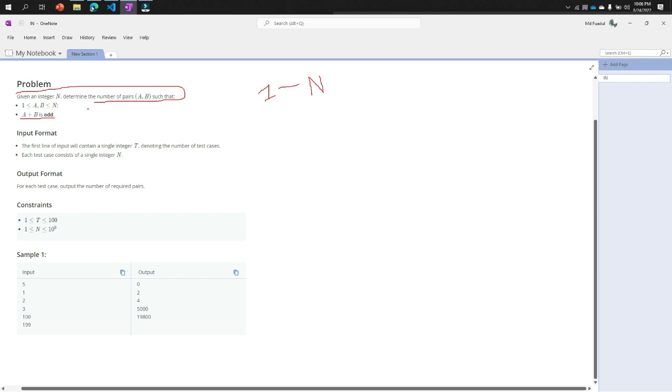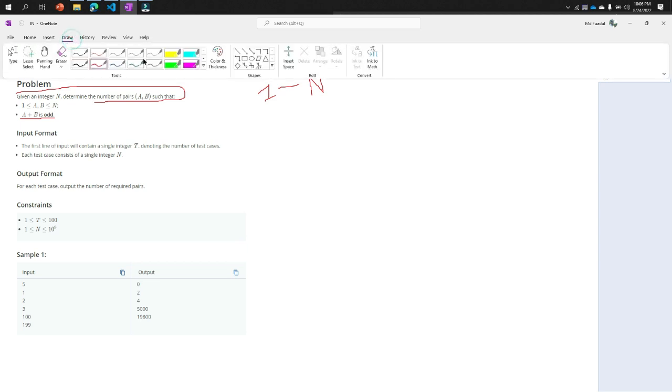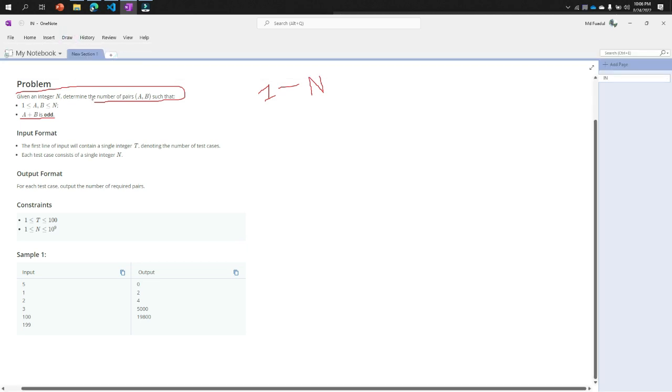So here are two important things: determine the number of pairs. Given one integer, how can I find the pairs? Take a small number, like n equal to 3, which means the numbers 1 to 3.